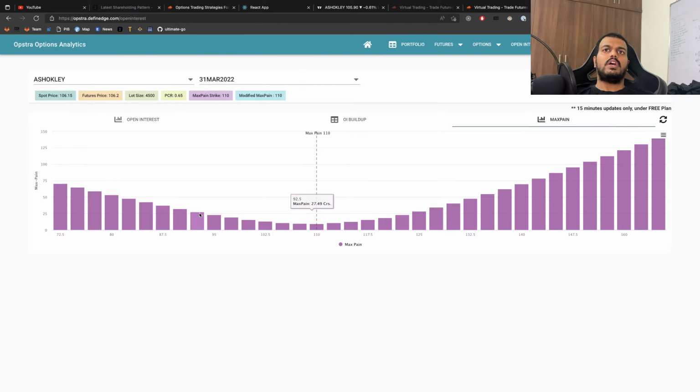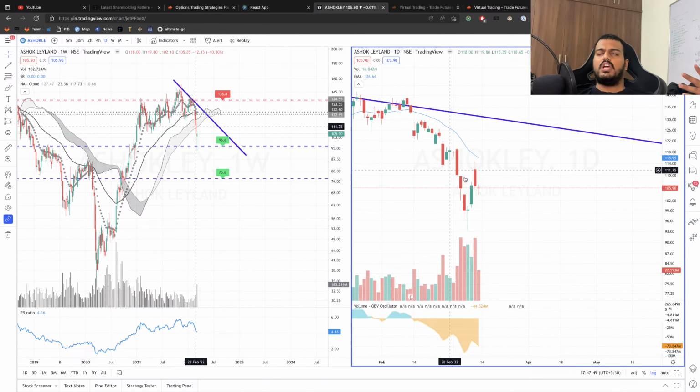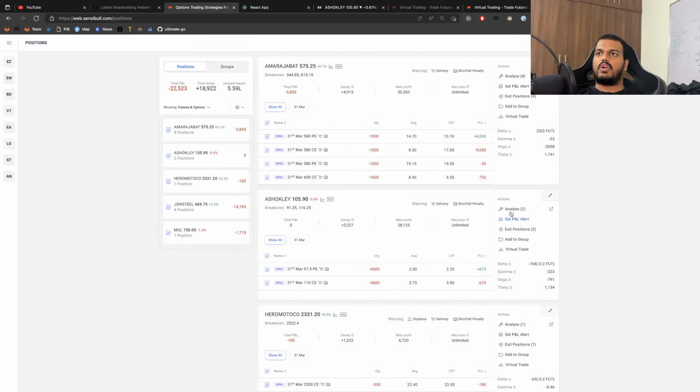So most of the data clearly favors a downtrend in this. If it moves above 117, then again there have to be huge hedges created accordingly. So this indicates there is a bearish view even on this, but nevertheless we will always be ready for adjustments. That is what we have to do. So what can be the adjustments?